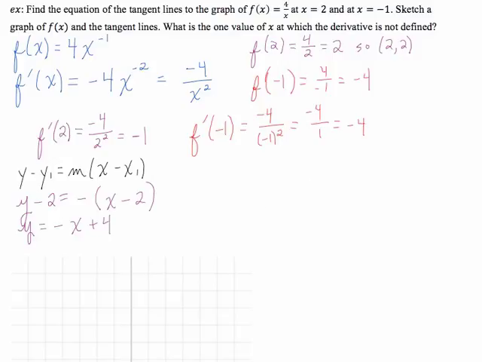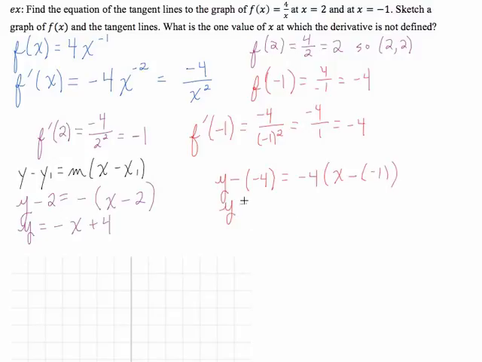Over here, putting this information into an equation of a line, we have that the point negative 1 comma negative 4 is on the line, and at that point the slope of the line is negative 4. So using the point slope form again, we have y minus y1, which is right here, negative 4, equals the slope, negative 4, times x minus x1, negative 1.